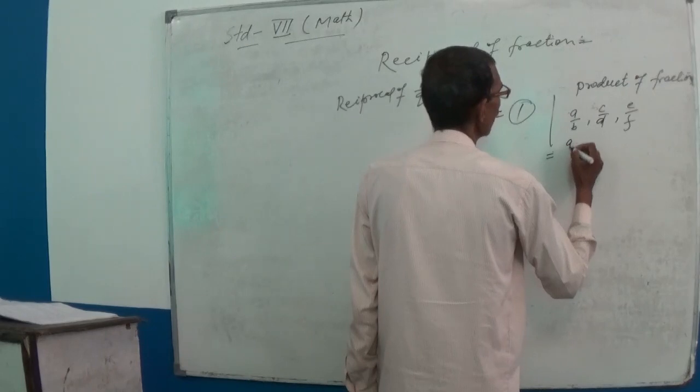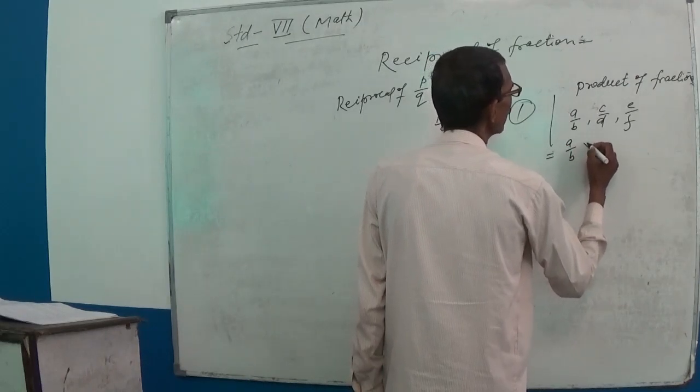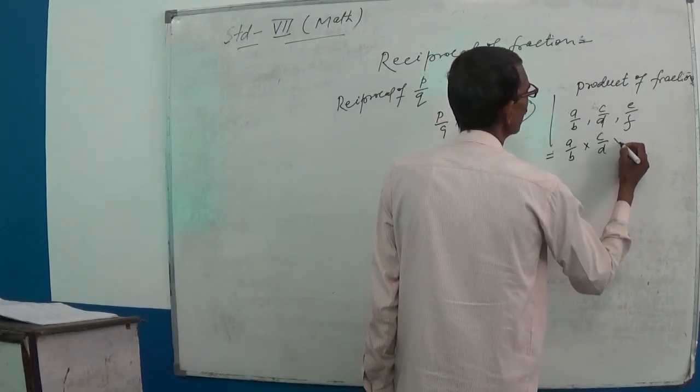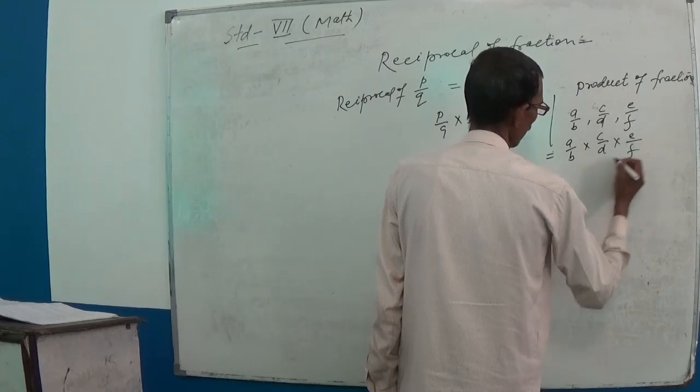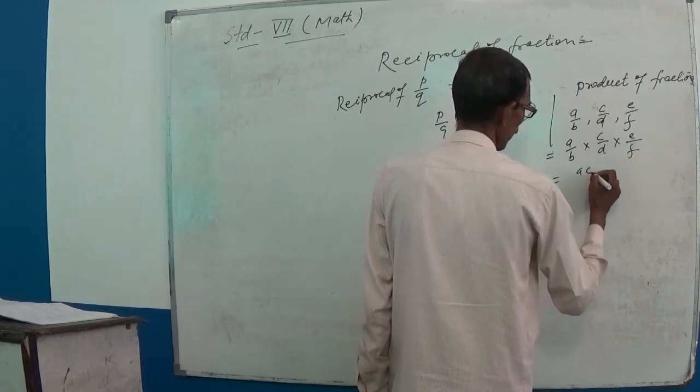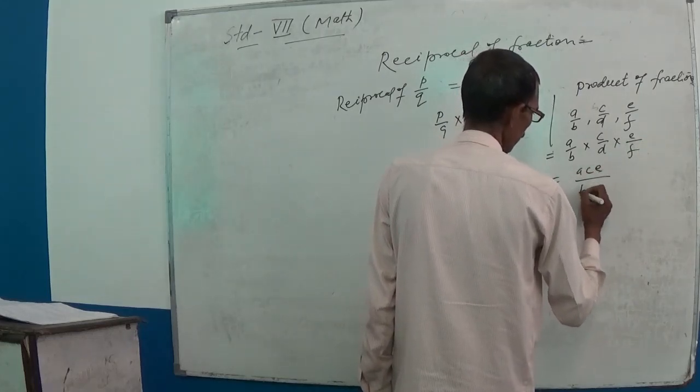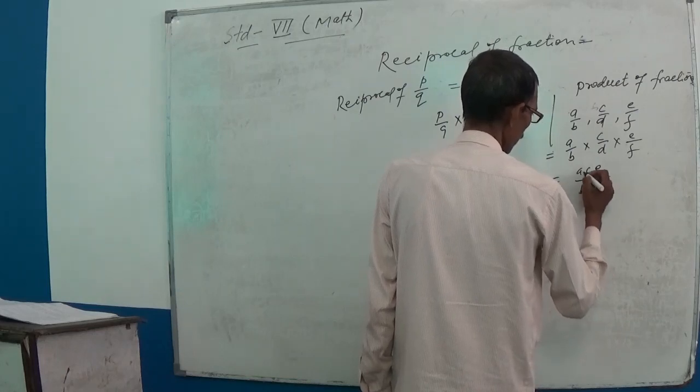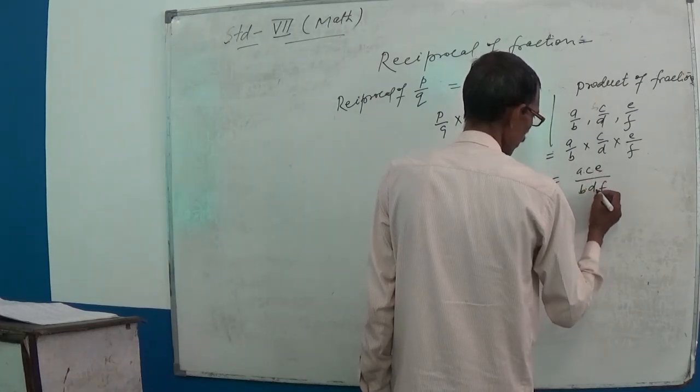So A by B into C by D into E by F is equal to ACE by BDF. That is A into C into E over B into D into F.